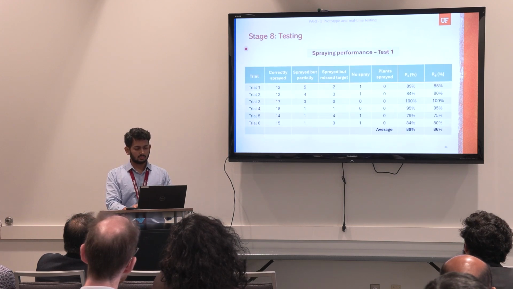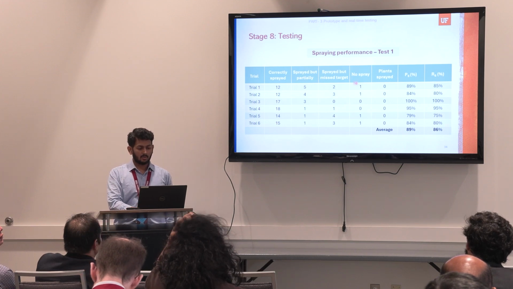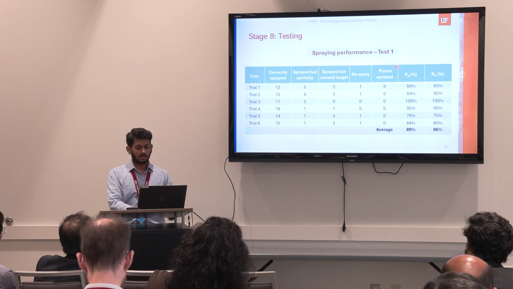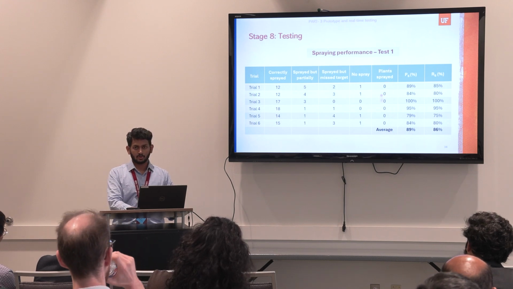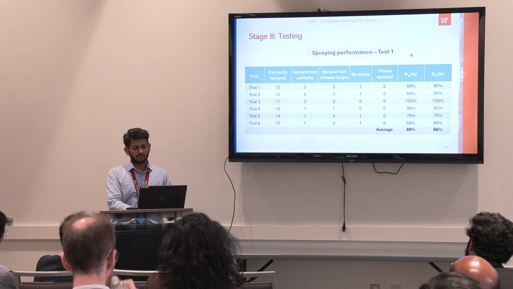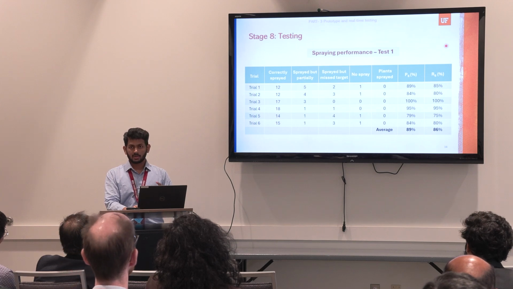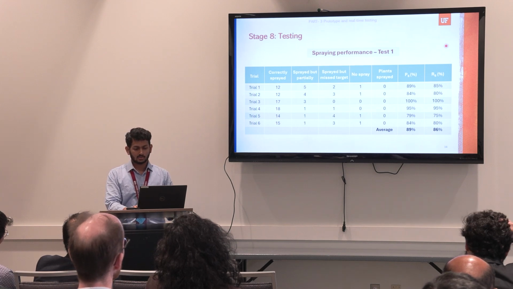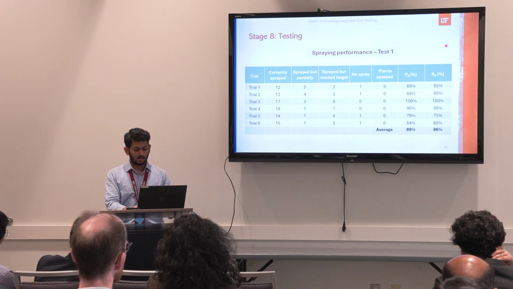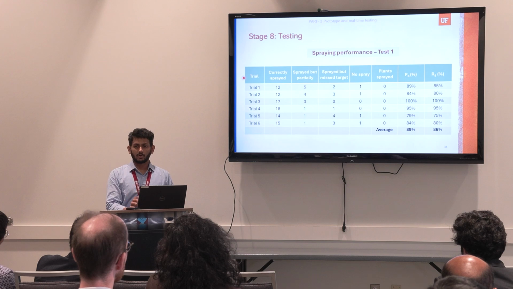For test 1, we evaluated how many targets were sprayed, how many were partially sprayed, how many were missed, how many were not sprayed, and how many plants were sprayed, because it's important to know if we missprayed on any of them. So we got good results in terms of precision and recall of the spraying performance. Mind you, it's not the detection performance, it's the actual spraying performance. The detection performance was higher than this, but when you get to the spraying performance, there would be a lot of latency, and there will be loss of communication.